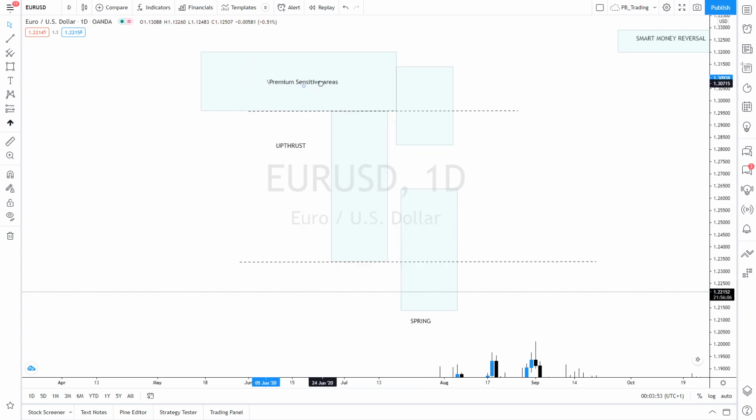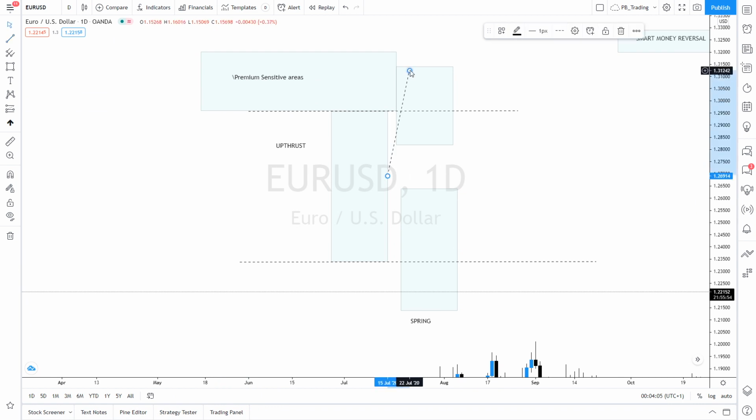These are zones where price could give the best reaction back into the daily range. So we are looking for areas around here where price could go and give the best reaction back into the daily range. These areas are premium sensitive areas.